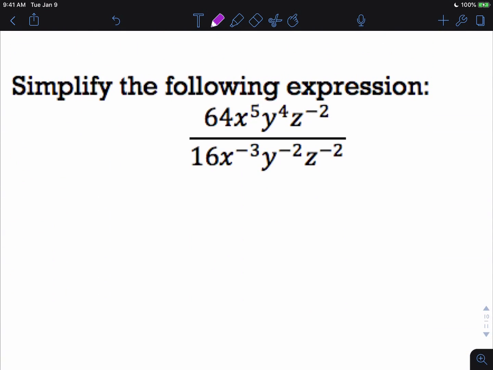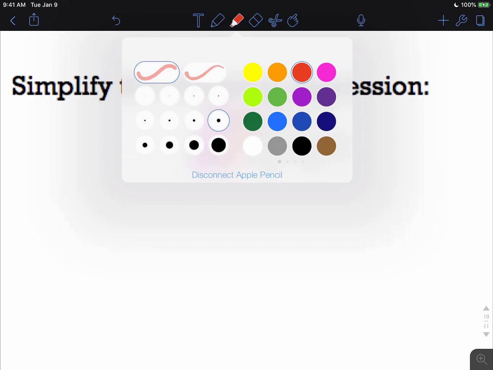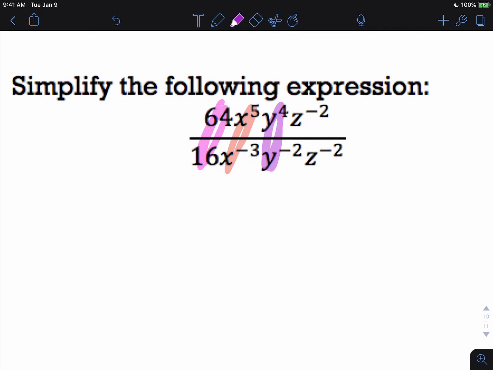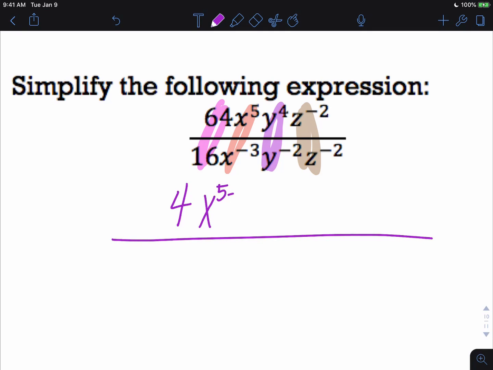All right, let's simplify this expression. So remember, we're going to take it step by step. Number with number, and each letter with each letter. They only mix around with themselves. 64 over 16, that's 4. X to the power of 5 minus negative 3. Y to the power of 4 minus negative 2.